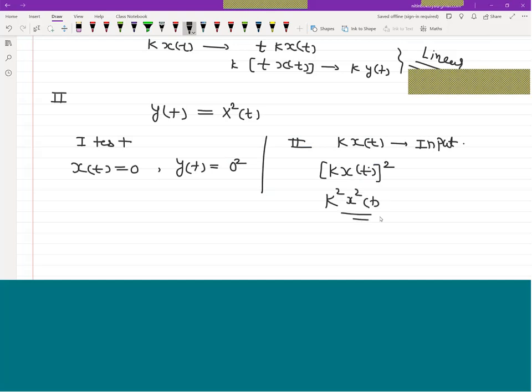So k times x of t gives something that is of course not equivalent to k times y of t. That's why the system is a non-linear system. So this is an example of non-linear systems.